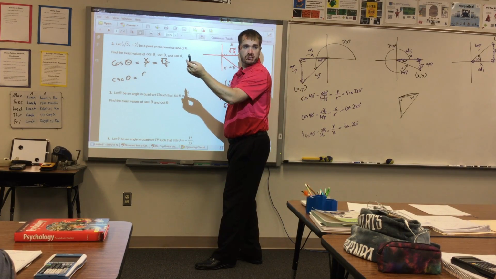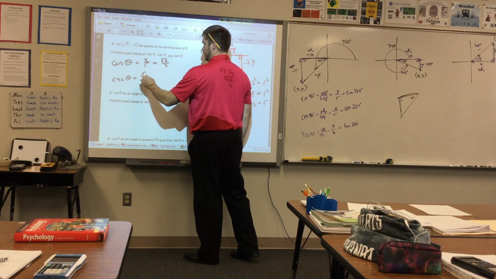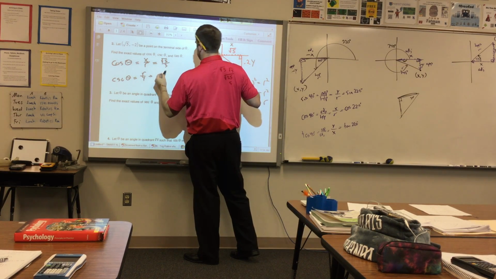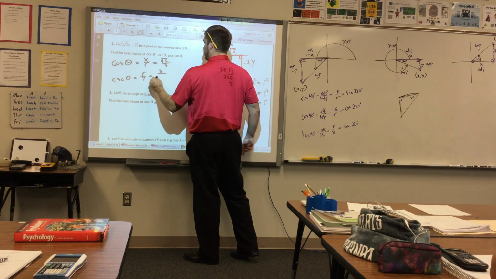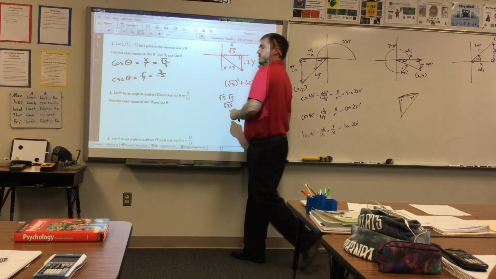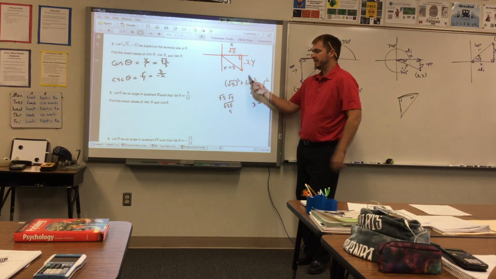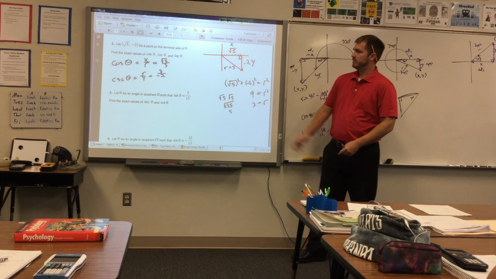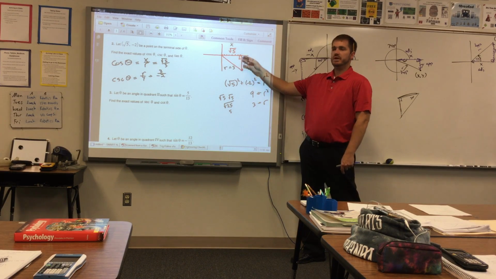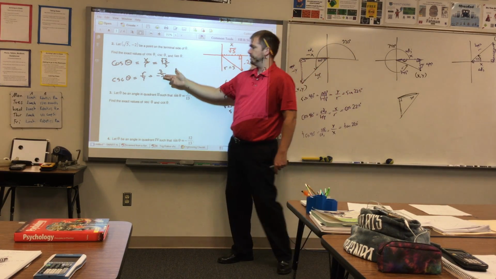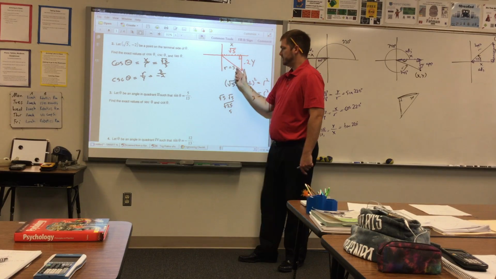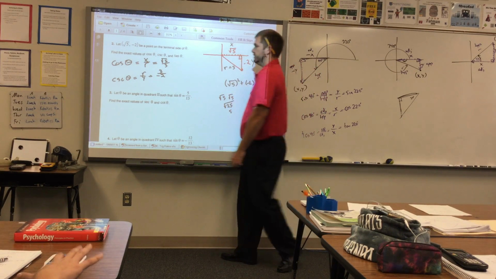Or over y? R over y? Okay, so R was 3. Y was -2. So you have to pay attention. You can't just make everything positive for the fun of it. If y is negative, you got to put negative down there. The only thing that's positive all the time is that R value.